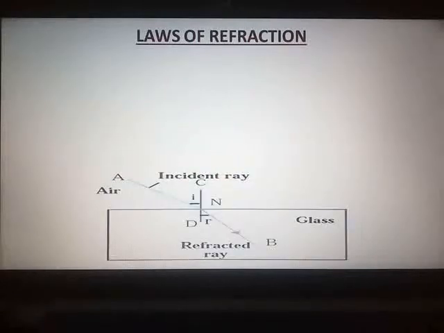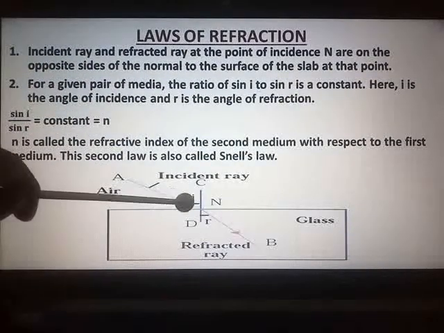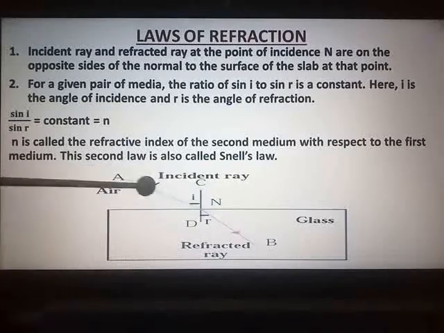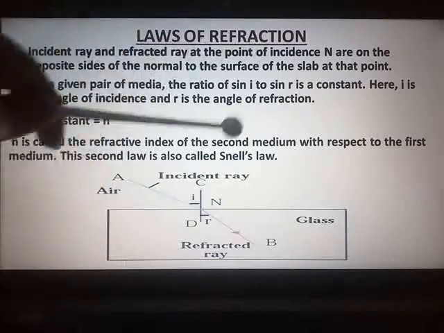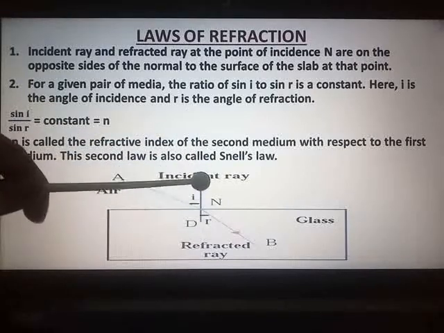Next we have studied about the laws of refraction by taking a small glass slab. So air and glass are the two media over here. The first law states the incident ray and the refracted ray. This is the incident ray entering the glass slab, that is the medium glass from the air, at the point of incidence N are on the opposite sides of the normal.